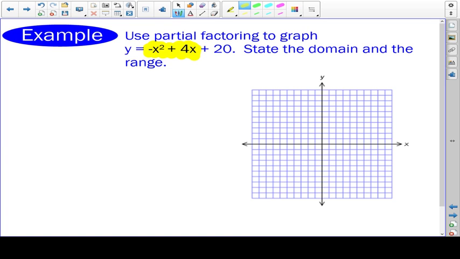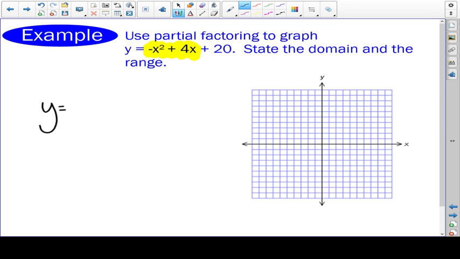And what we want to do is factor these first two terms, and that's it. What can we take out as a common factor from those first two terms? X. And you know what? Let's live dangerously. Let's take out negative x. We could take out positive x.